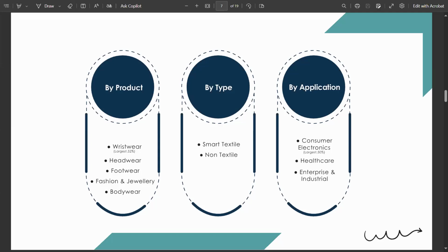We have also segmentation based on type. Now, these are smart textile and non-textile. Non-textile part currently captures the largest market share. By application, we have consumer electronics, healthcare, enterprise, and industry. For consumer, of course, there are a lot of OTC devices, and anyone can order a wearable wristwatch, smartwatch from anywhere.